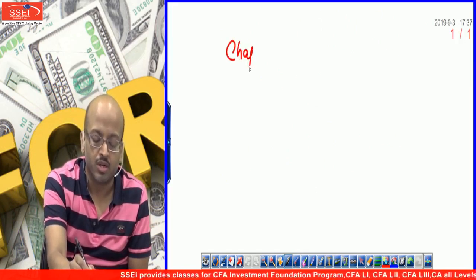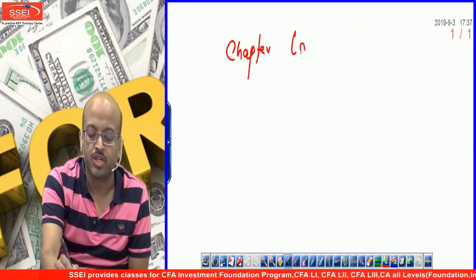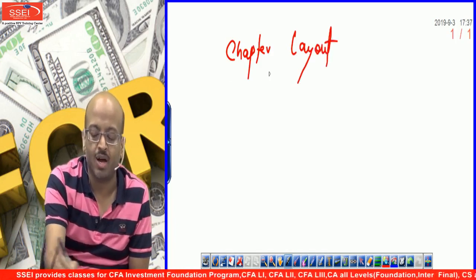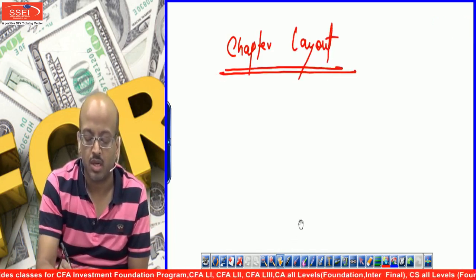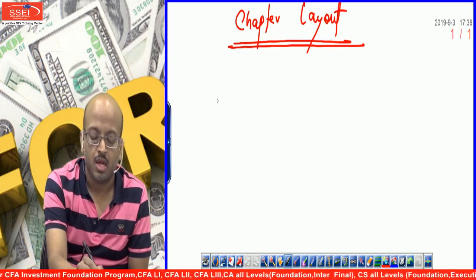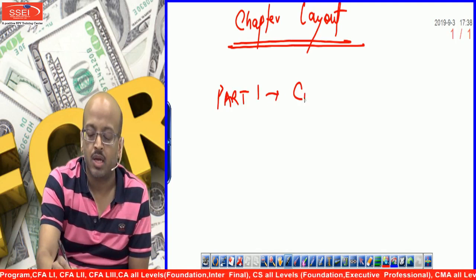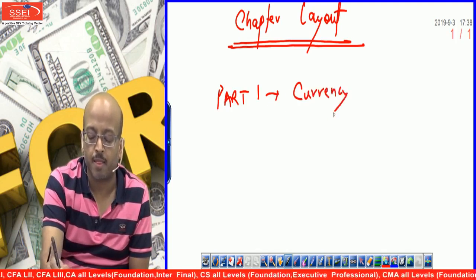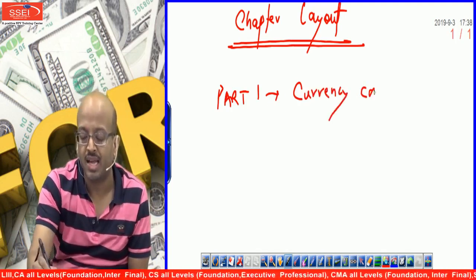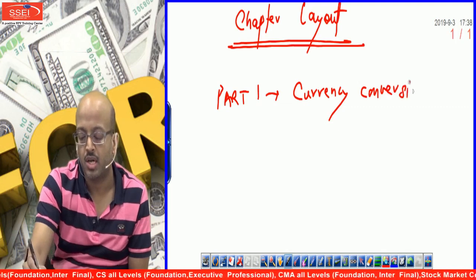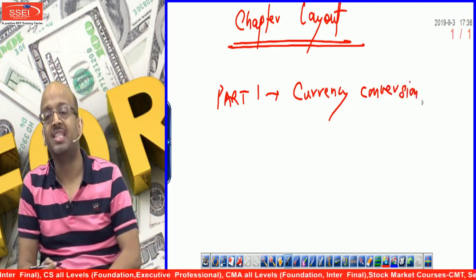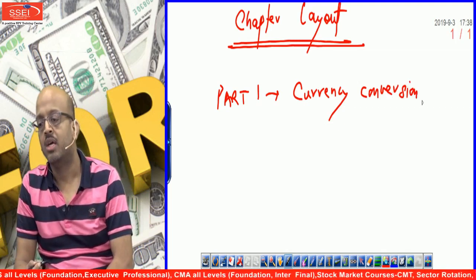Chapter layout. Part 1, currency conversion.